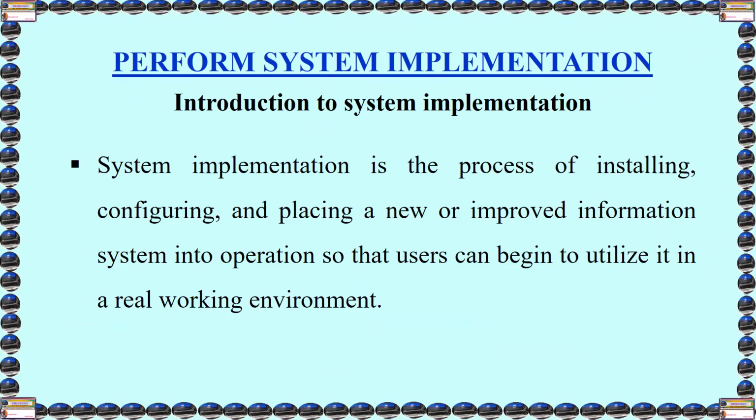System implementation is the process of installing, configuring, and placing a new or improved information system into operation so that users can begin to utilize it in a real working environment.